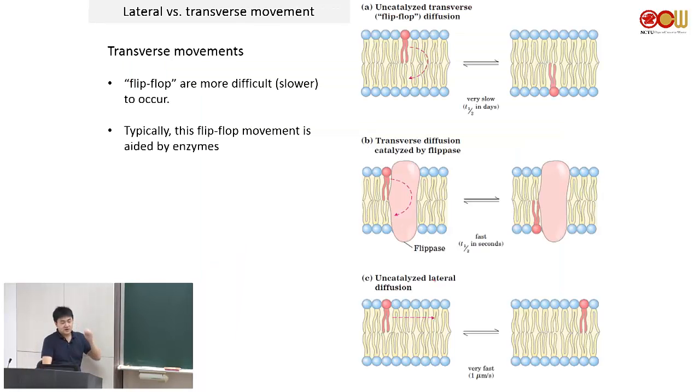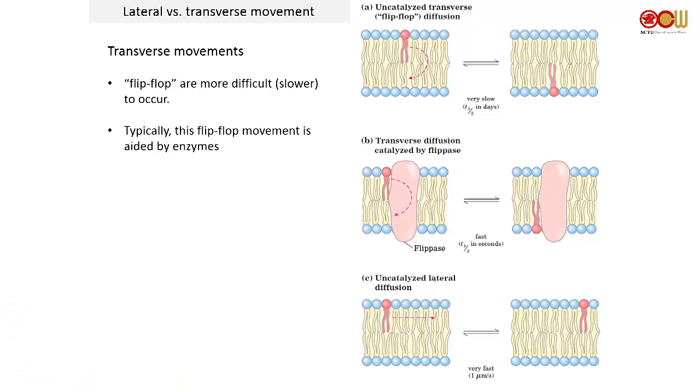So as we were talking about, membranes in general are fluid. It's dynamic. It's not static, it's dynamic. So we have lateral movement. That's very easy. Lateral movement is like this. You go from this guy to here.